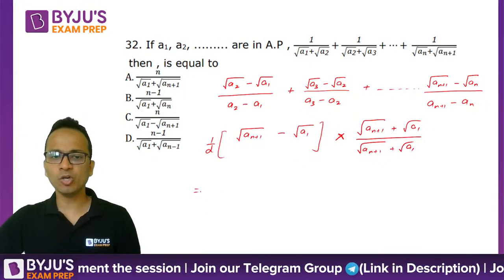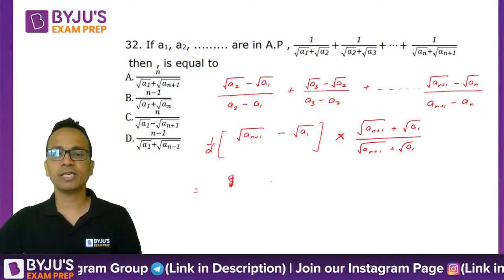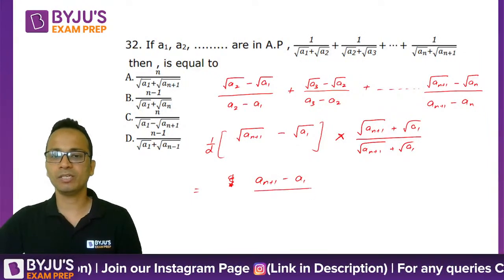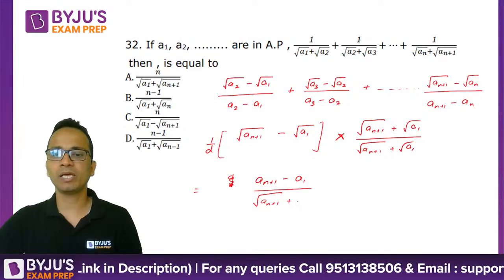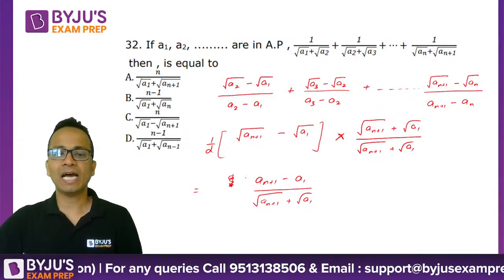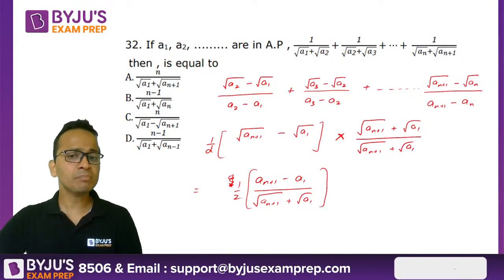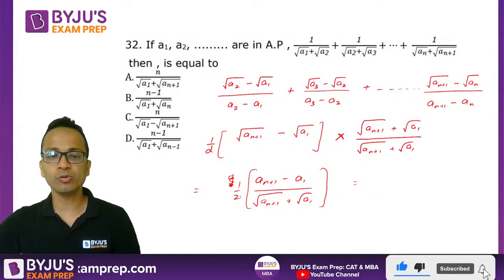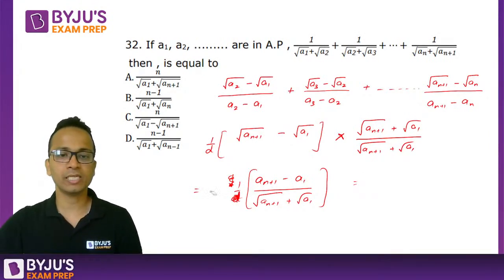Okay, so after doing this I will get under root cancel हो जाएगा, so a n plus 1 minus a1 divided by under root of a n plus 1 plus under root a1 and 1 upon d बाहर था. Now last term minus first term, a n plus 1 minus a n will be equal to, यहाँ पे बाहर d है, वेट मैं इसको थोड़ा सा क्लियरली लिख देता हूं.